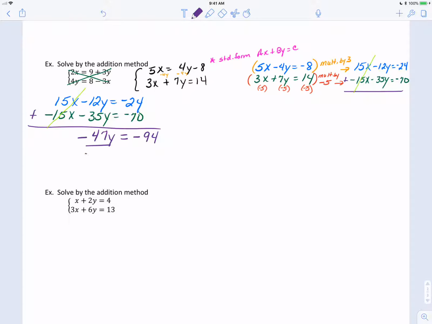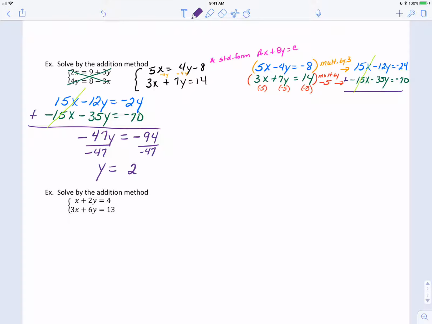Okay, so divide by the negative 47 on both sides to try to get that y all by itself. And we're saying negative 94 divided by negative 47 ends up being a positive 2. So remember, negative divided by negative makes a positive.